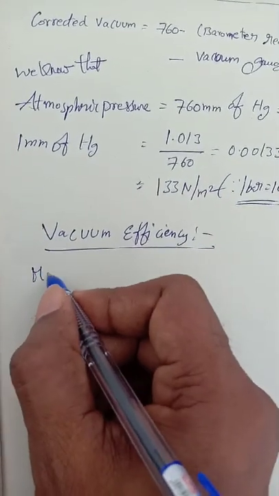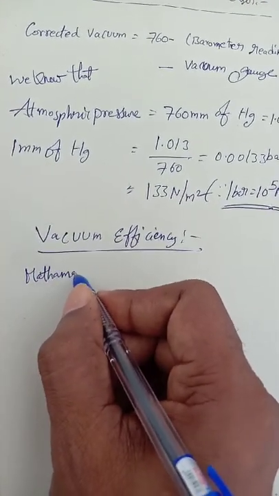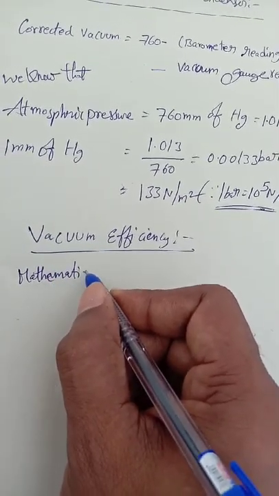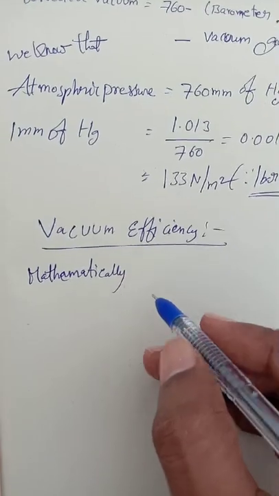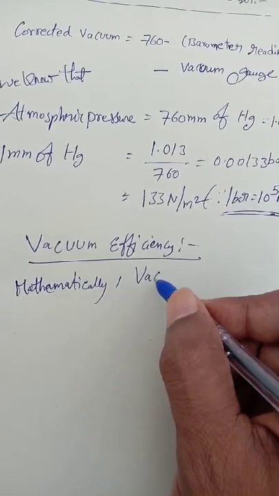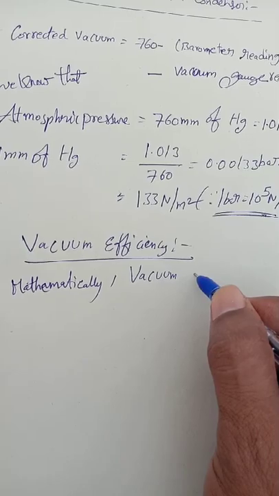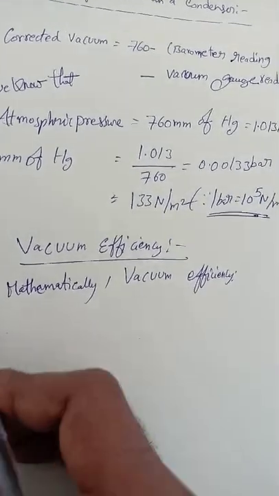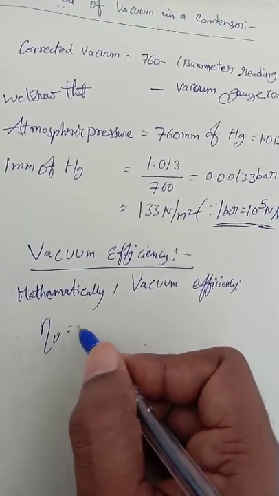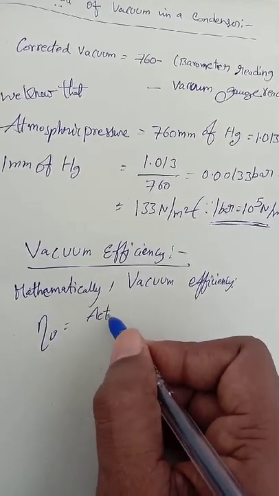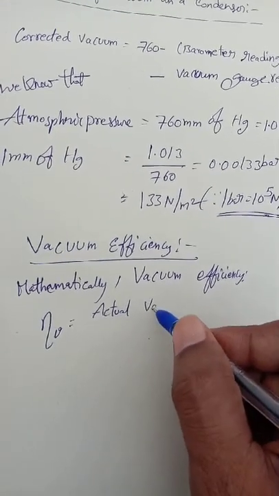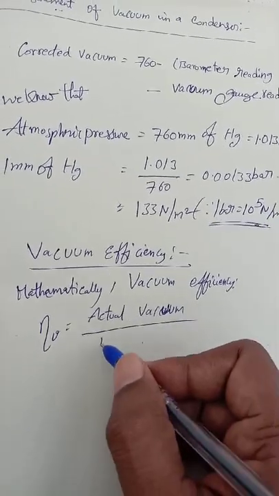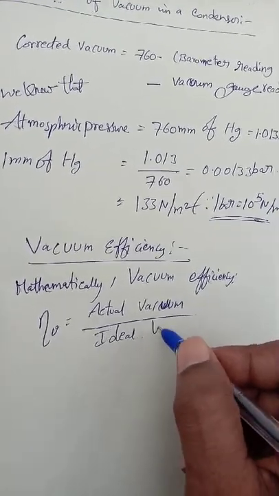Mathematically, vacuum efficiency is equal to actual vacuum divided by ideal vacuum.